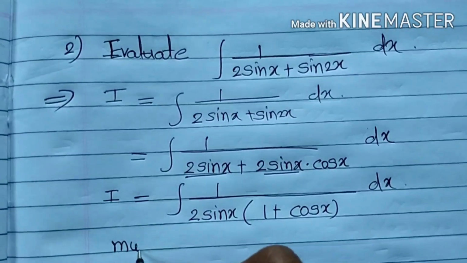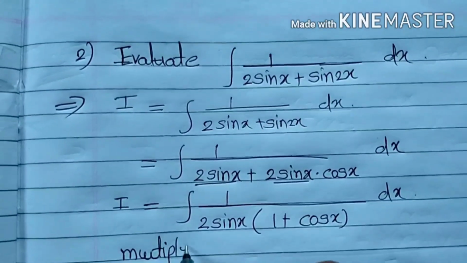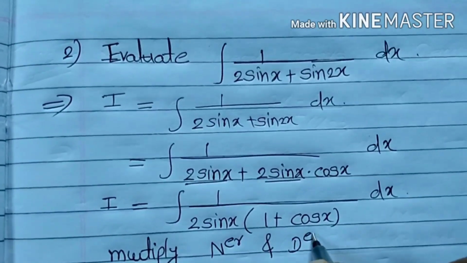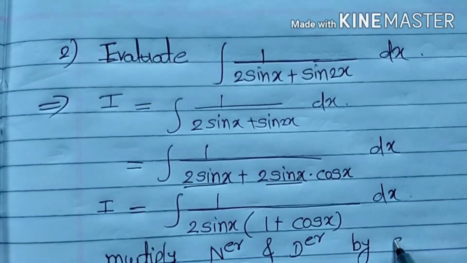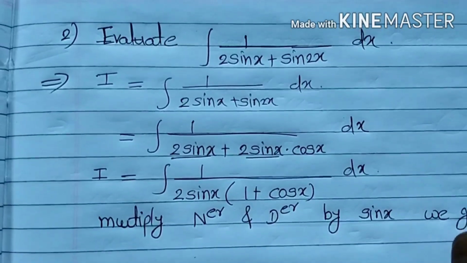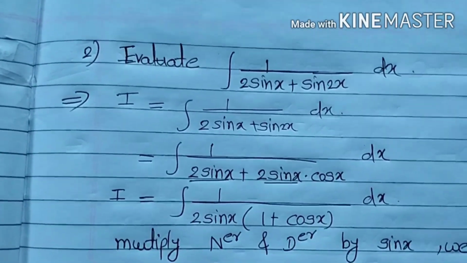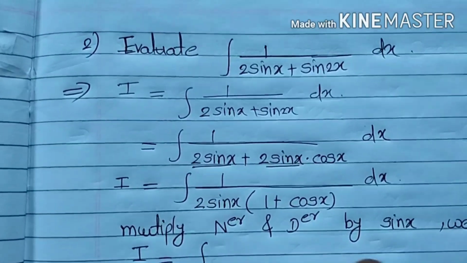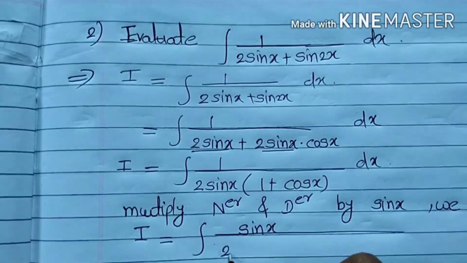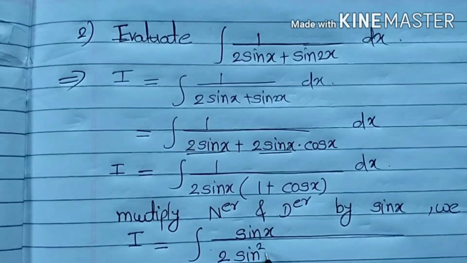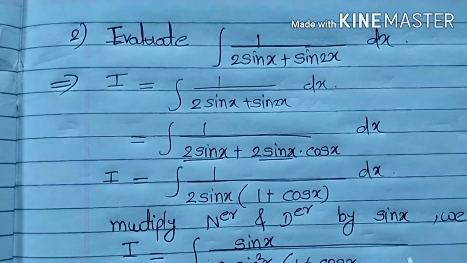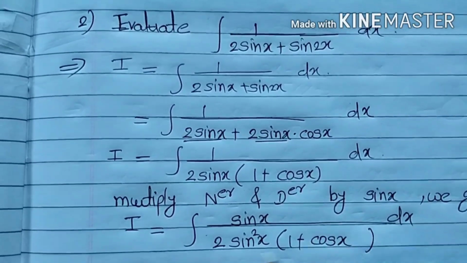Now multiply numerator and denominator by sin x, so I is equal to integration of sin x upon 2 sin square x into 1 plus cos x dx.